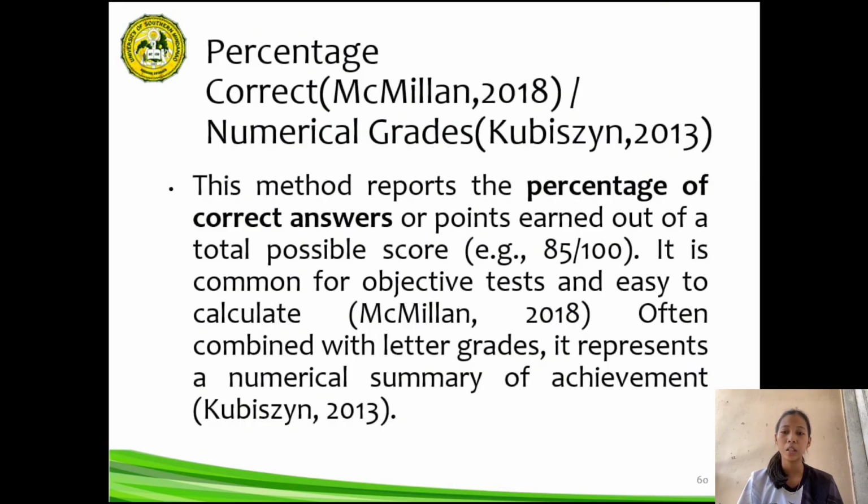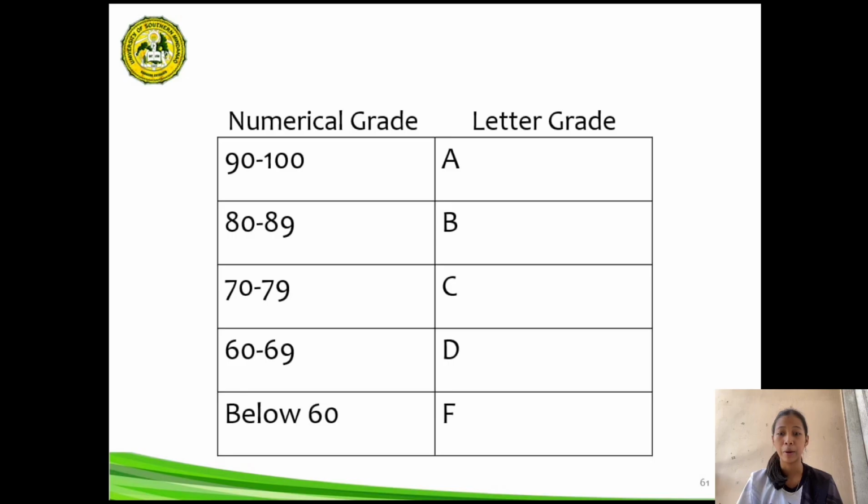So the table below explains that numerical grades can be combined with letter grades. For example, 90 to 100 is A, B represents 80 to 89, C represents 70 to 79, and so on.